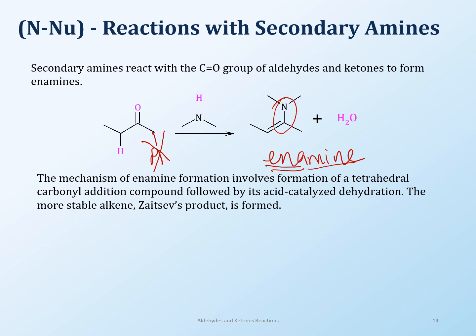We want to make sure we get the Zaitsev product, the more stable alkene, and so you end up getting an enamine like this. So this is with secondary amine. Tertiary amines don't react with aldehydes and ketones because there are no hydrogens for us to eliminate.